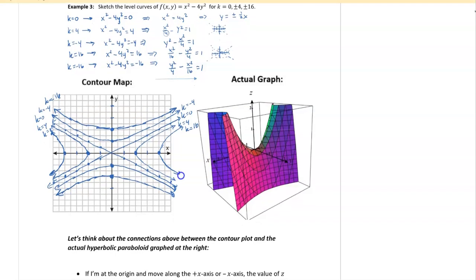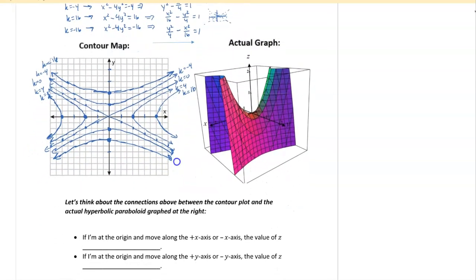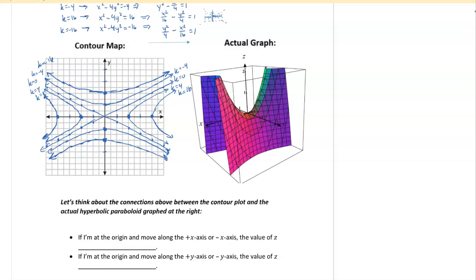Let's think about the connections between the contour plot and the actual hyperbolic paraboloid. If I'm at the origin and move along the positive or negative x-axis, the value of z, so if you can see the three-dimensional graph here, there's the x-axis that way.